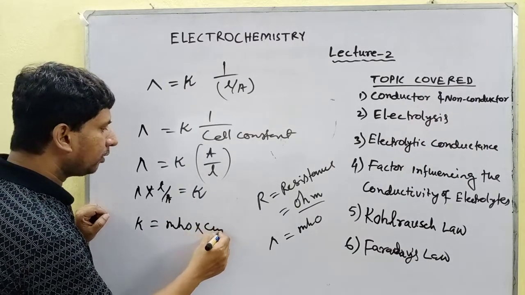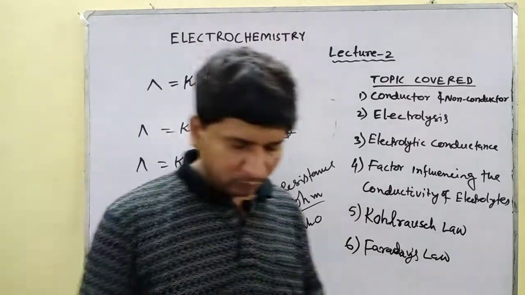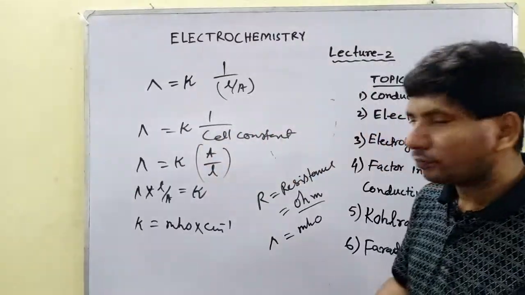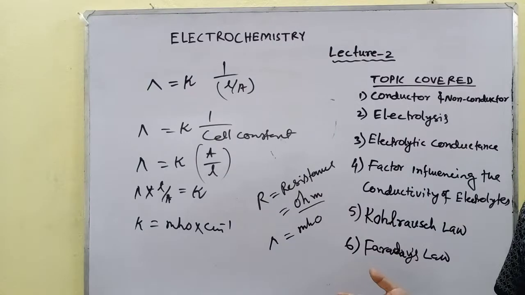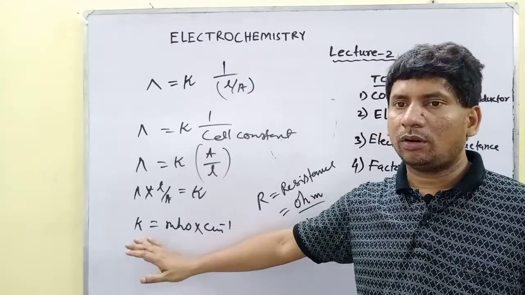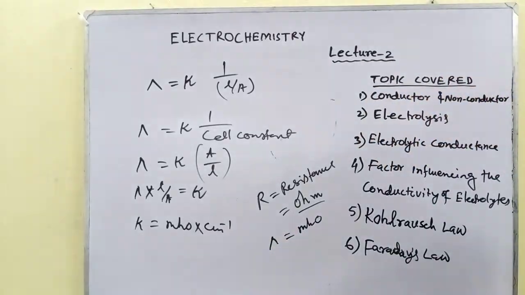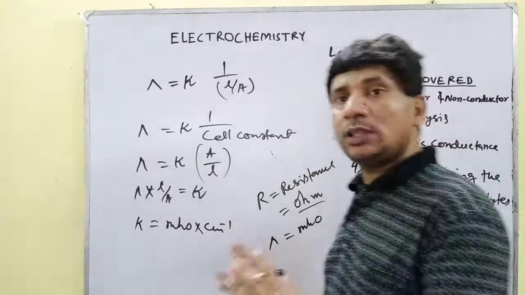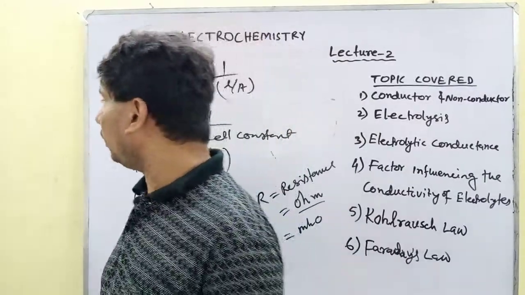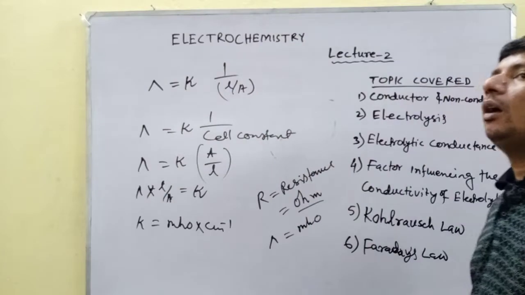This is centimeter inverse. So mho centimeter inverse. So this is the unit of specific conductance or specific conductivity. Clear? No problem. So this is a very important part of the electrolytic solution.